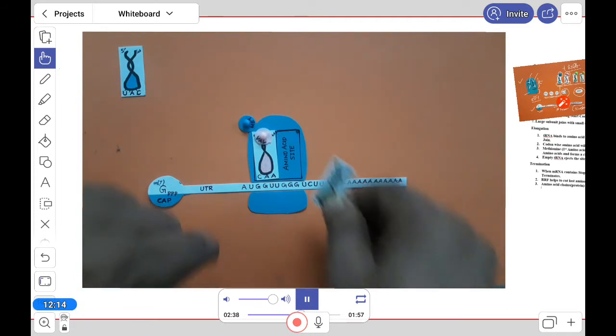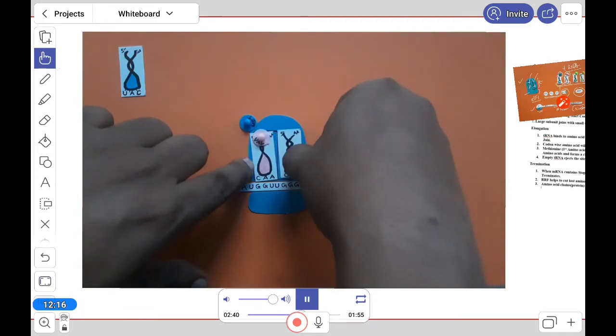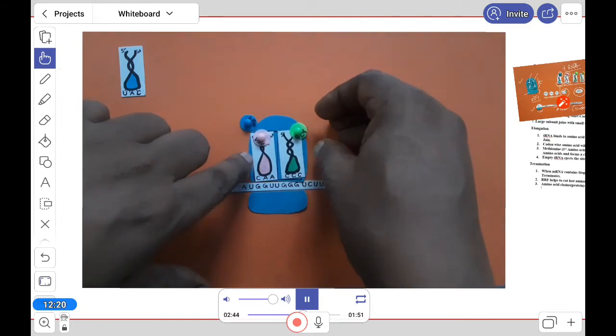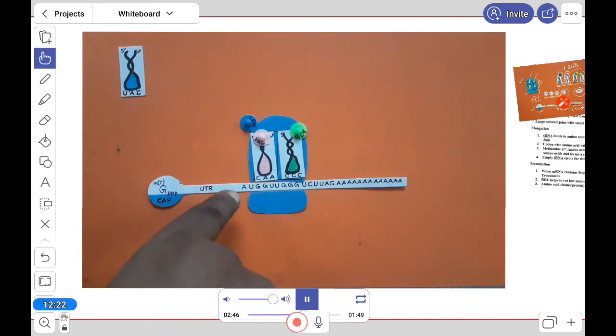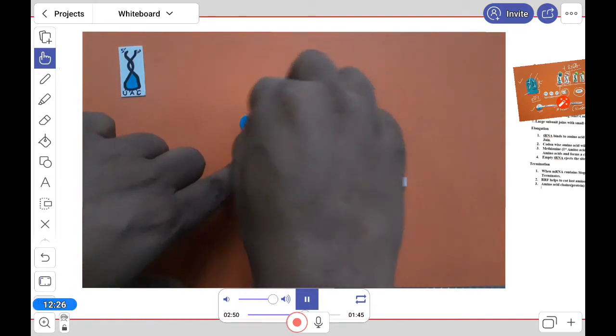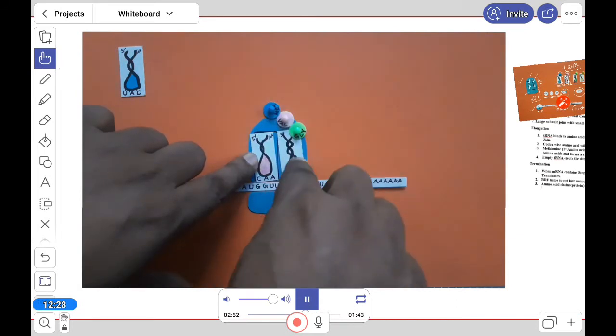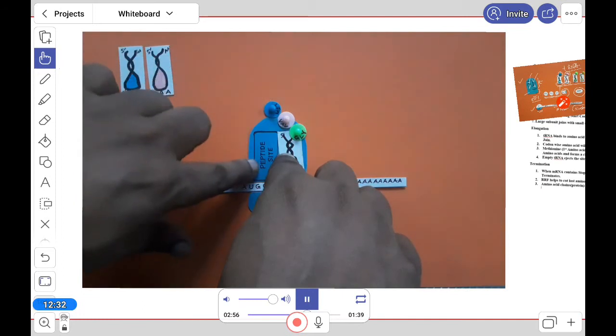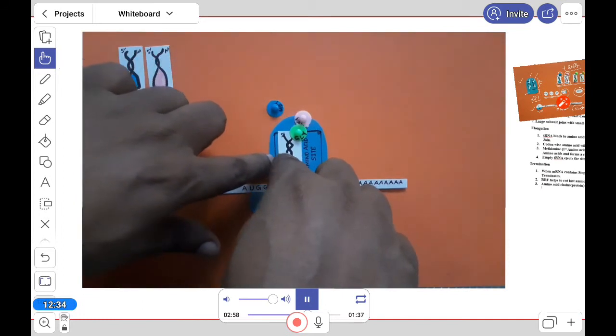For GGG, here comes the tRNA containing the CCC anticodon, with glycine. Here again the peptide link will break from the old tRNA, and here the chain will form.